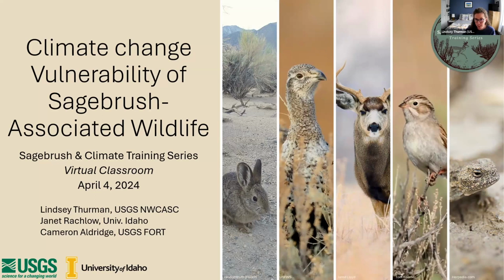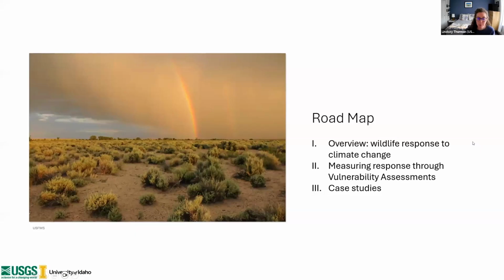Here is a quick roadmap of what we're going to cover today in this webinar. We're first going to go through some examples that highlight the different ways in which climate change can impact species and result in vulnerability. We have some great examples from the sagebrush ecosystem to share with you.